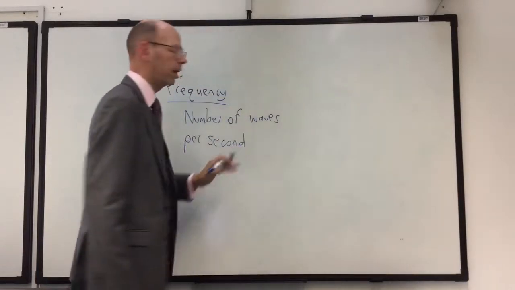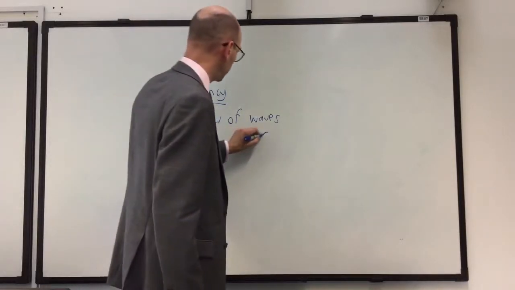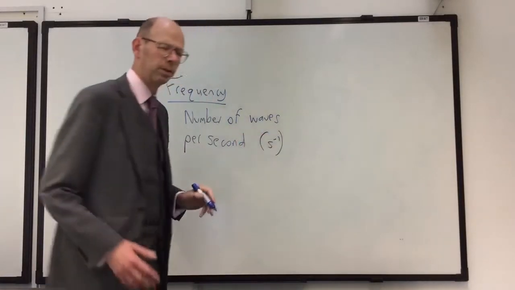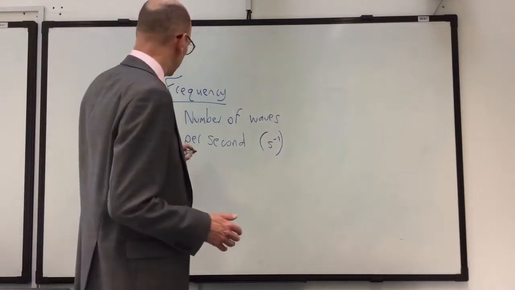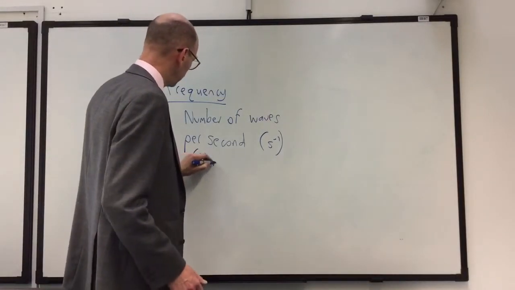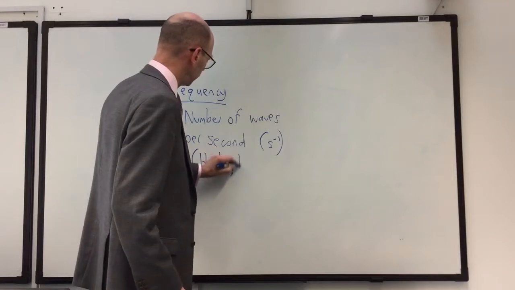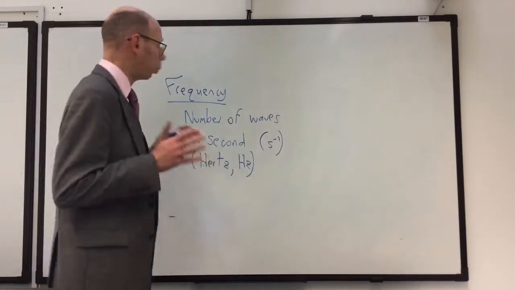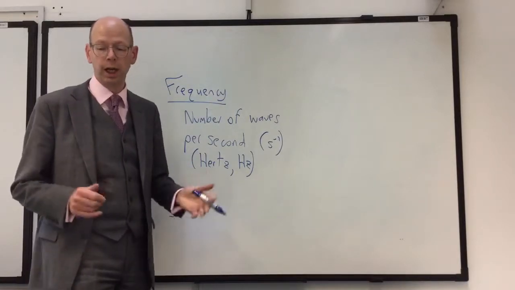Okay, so it's a number of waves per second, and we sometimes measure it in per seconds or seconds to the power minus 1, which is a bit of an odd sounding unit. More commonly, we measure it in the unit of hertz, which is abbreviated with just Hz. So 1 wave per second is 1 hertz.